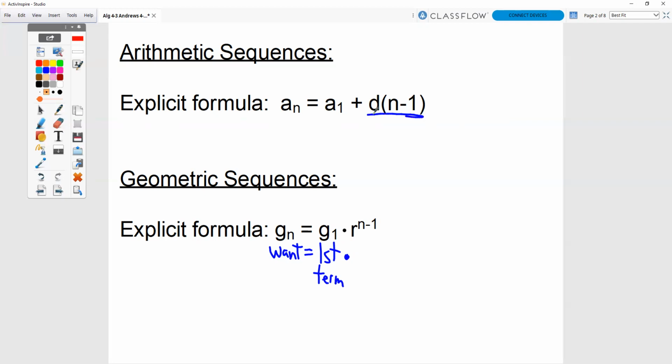Yesterday we had D times N minus 1. This time we have R to the N minus 1 power. That is an exponent. So we have the common ratio, whatever that happens to be. If you're doing times 2 times 2 times 2, it would be a 2 to the N minus 1 power. Remember, to do an exponent on your calculator, you're going to have to use the little caret button. So be very careful here.